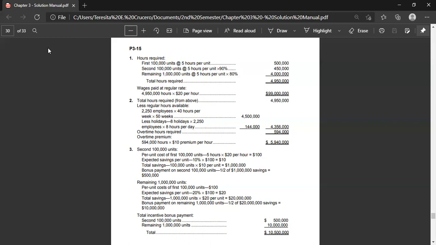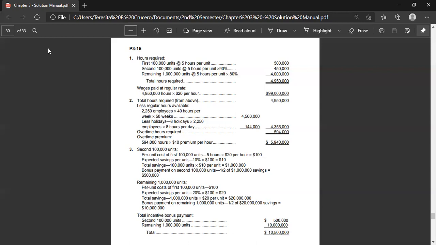2,250 employees at 40 hours per week multiplied by 50 weeks. So you get 4,500,000 hours. We deduct the holidays, 8 holidays at 2,250 employees times 8 hours per day.